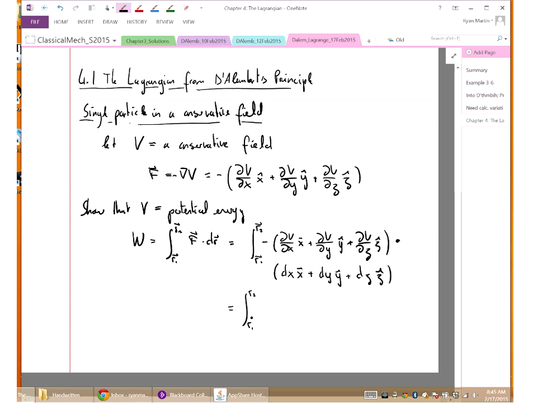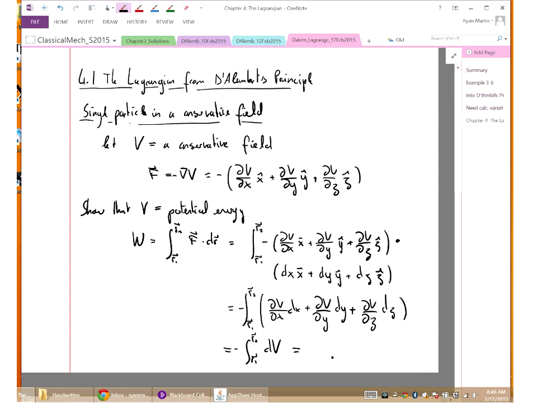So that's the integral from R1 to R2, with a minus sign in front of the integral, of ∂V/∂x dx plus ∂V/∂y dy plus ∂V/∂z dz. So that's equal to minus the integral from R1 to R2 of dV.